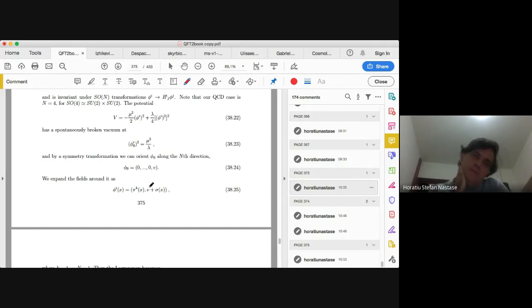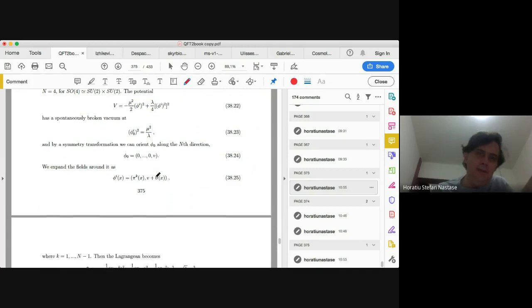But the point is that now by a symmetry rotation, I can orient it along the nth direction, the 4th direction in the case of SO(4). So I can orient it as phi 0 being 0 on the first n minus 1 fields and v in the nth field.